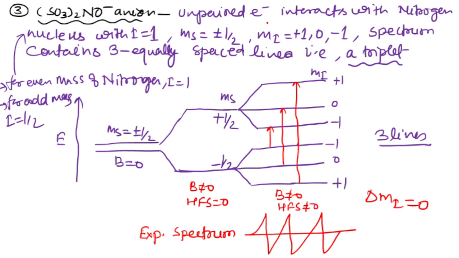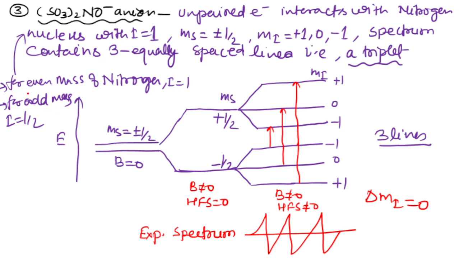This contains a single electron that interacts with the nitrogen nucleus, whose nuclear spin I value is 1, and MS value is plus or minus half. The mI values you will get are plus 1, 0, minus 1. This spectrum contains three equally spaced lines, that is a triplet.